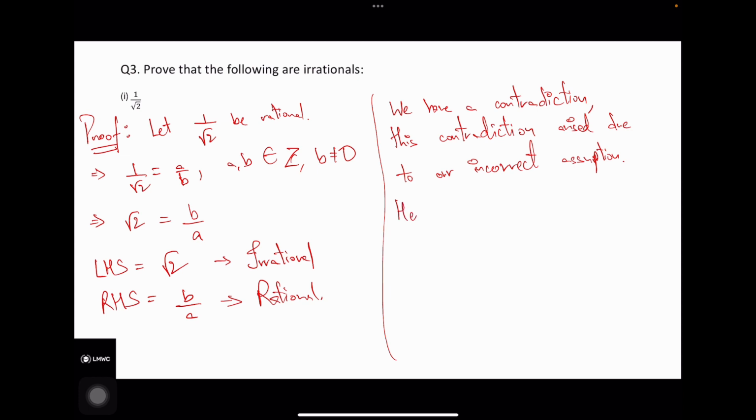Hence, 1 upon root 2 is irrational. Hence proved.